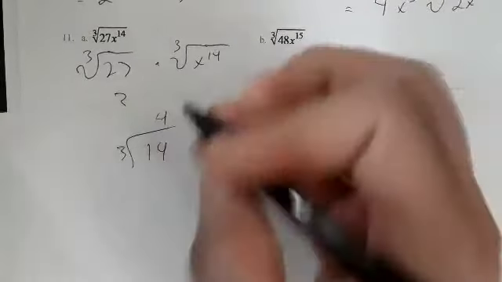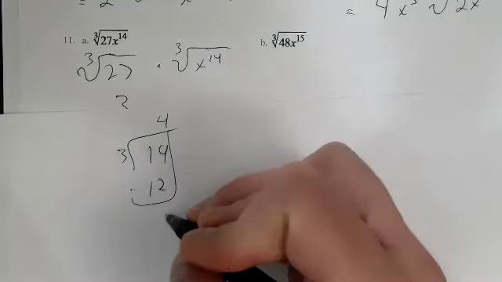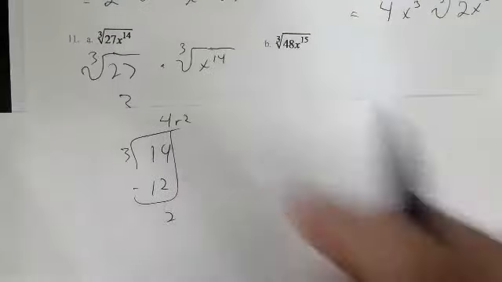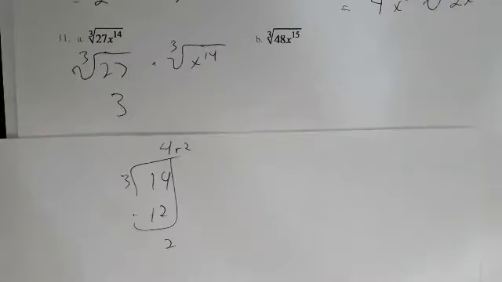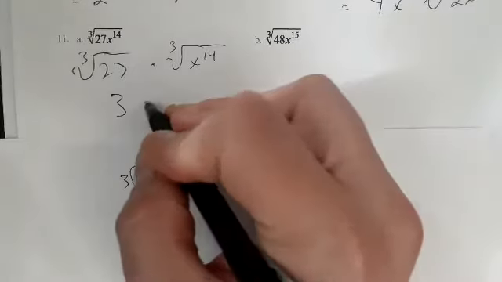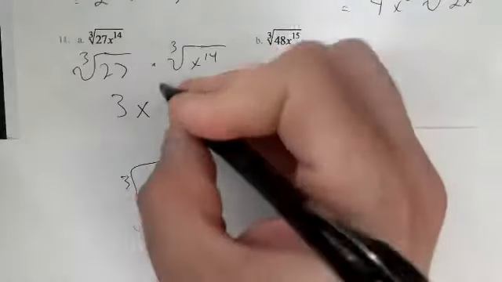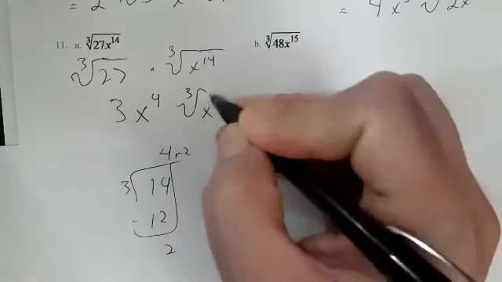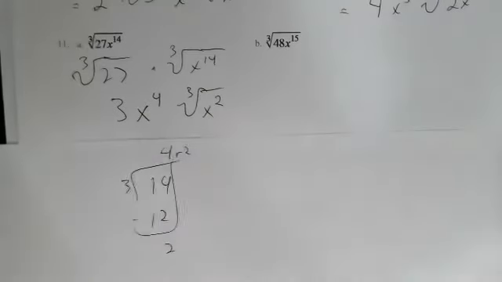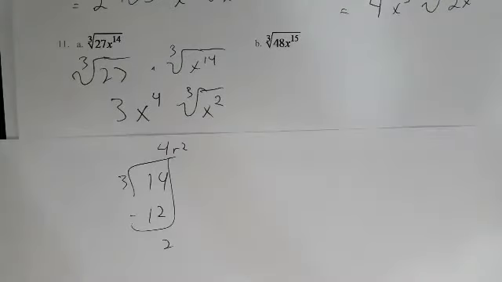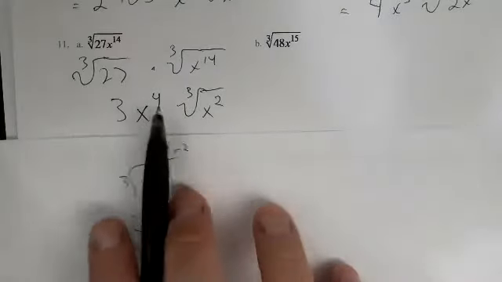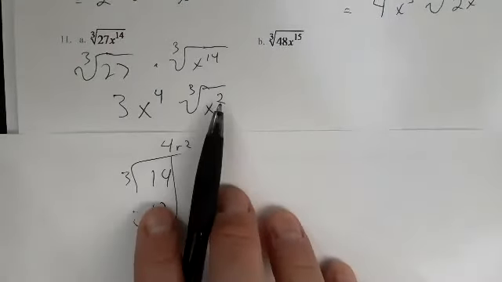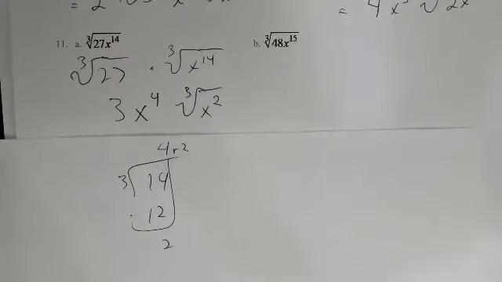I believe it's going to give me 4, it's going to give me 12, and I'm going to have a remainder of 2. So I want to pull out an x to the 4th power, and underneath my cube root, I'm going to have an x to the 2nd power. And you can do some checks sometimes. 4 times 3 is going to give me 12, plus 2 is going to give me back the 14 underneath.